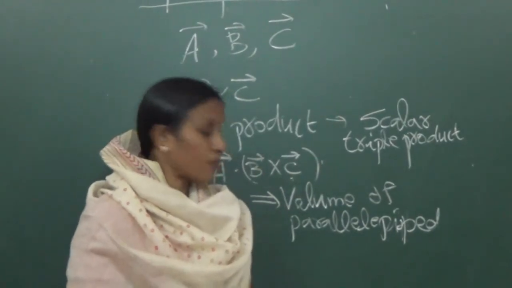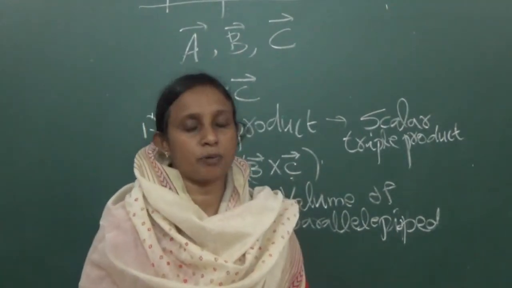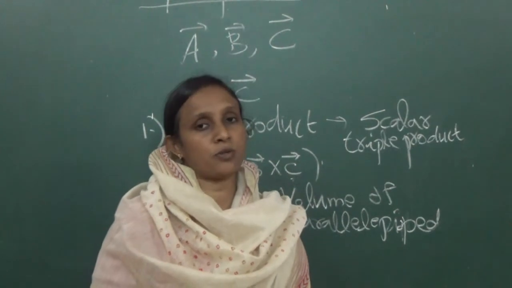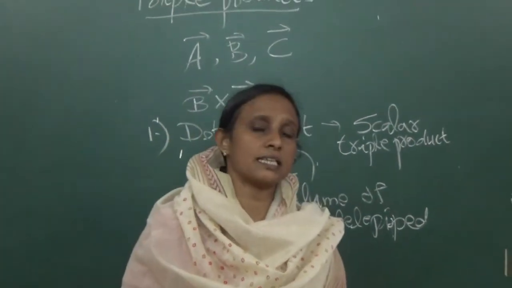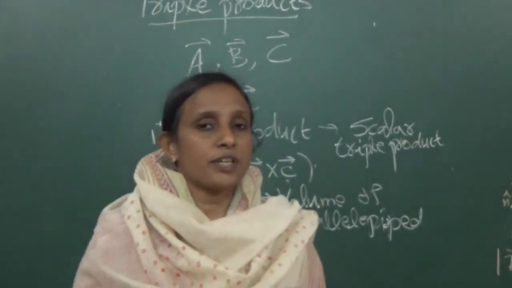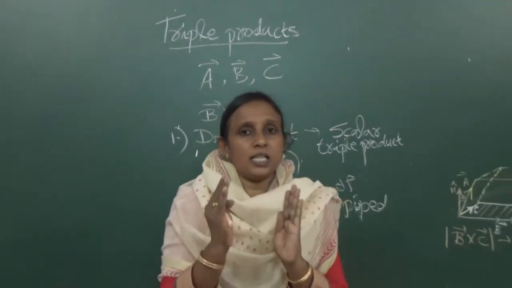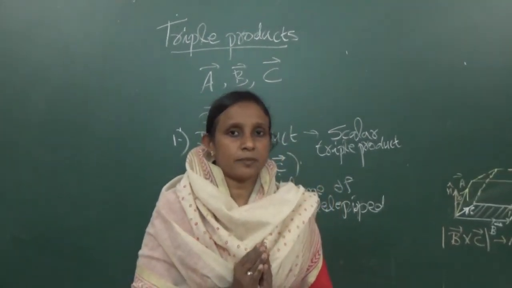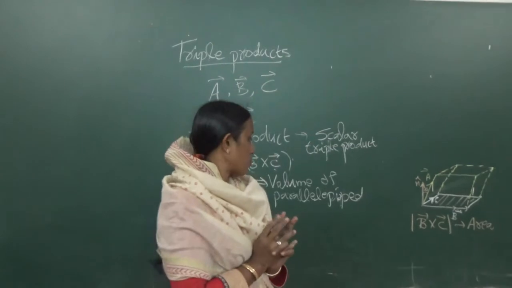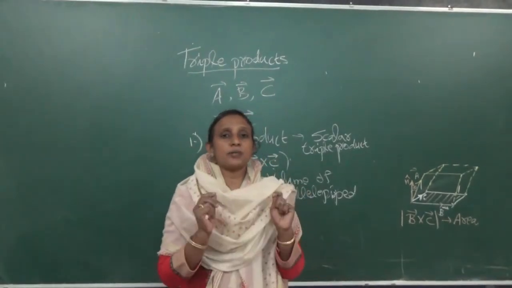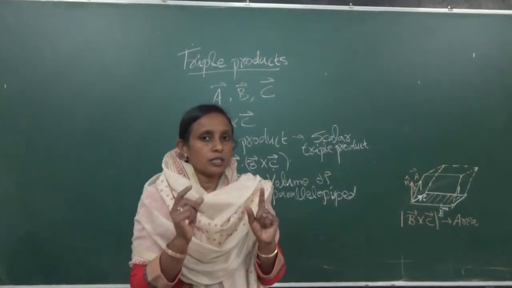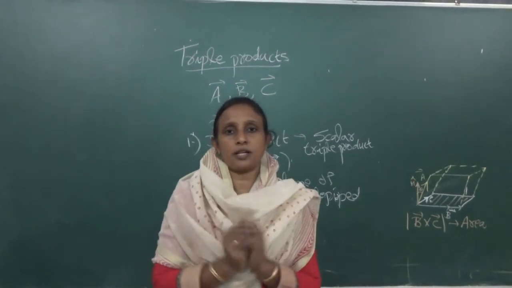Now, how can we find this scalar triple product, A dot B cross C? In our previous lecture, we learned that we can find B cross C using a determinant. Here also, we can use the determinant form to find the scalar triple product.